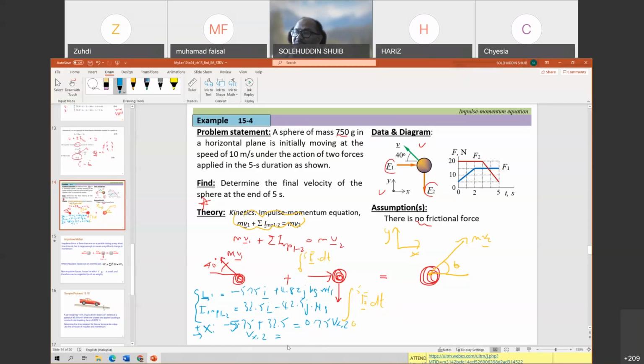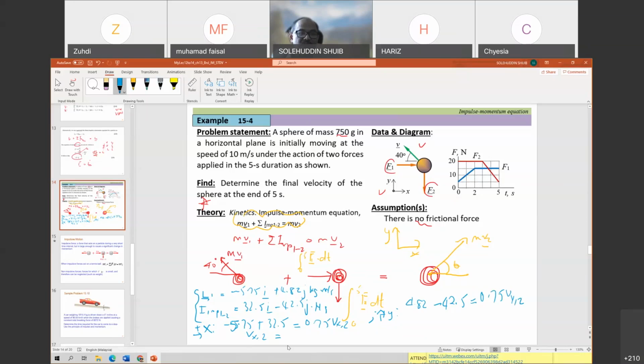Same thing for y. The y component going up is positive. So we take 4.82 minus 42.5 equals 0.75 Vy2.